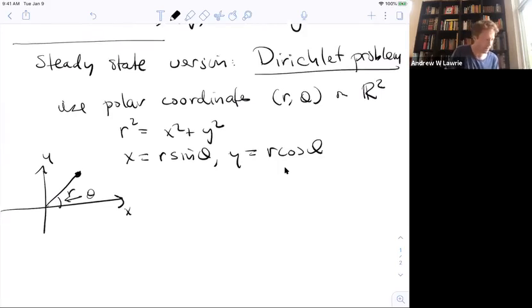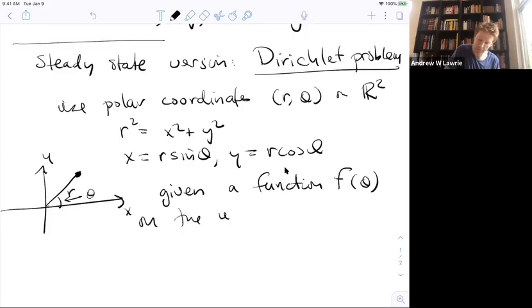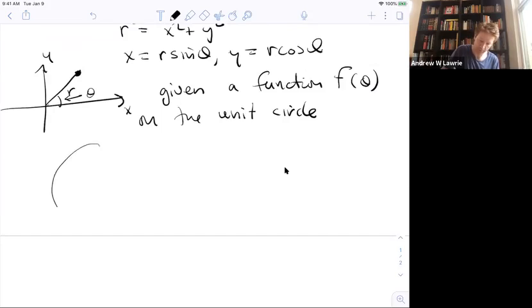So the Dirichlet problem is as follows. Given a function f of theta on the unit circle, here's the unit circle in the plane, and we're given some function on it.